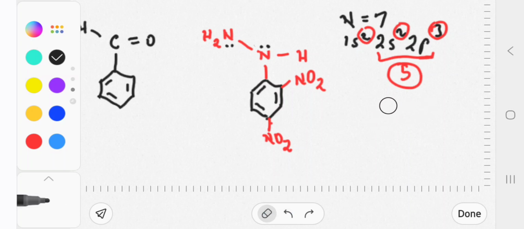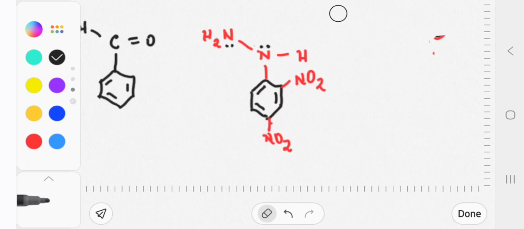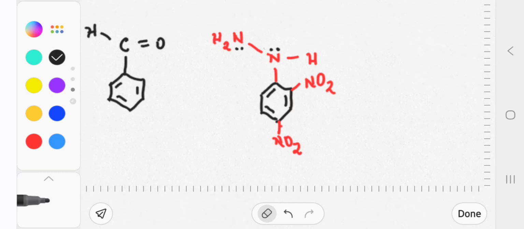With that being said, now we know why nitrogen is surrounded by 5 electrons and why we have those electrons here. So let's proceed to showing the mechanistic steps. If you look at the 2,4-dinitrophenylhydrazine, we have one nitrogen here and another nitrogen here.